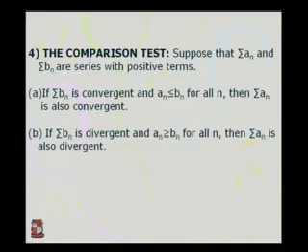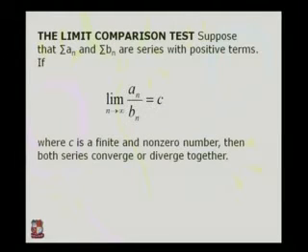So I am quickly moving to the limit comparison test. The limit comparison test says that suppose sigma an and sigma bn are series with positive terms, and if the limit as n tends to infinity of an upon bn is equal to c, where c is finite and non-zero, then both series converge or diverge together.